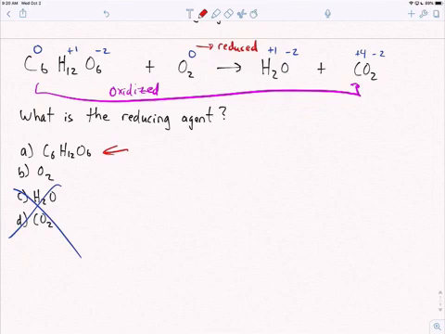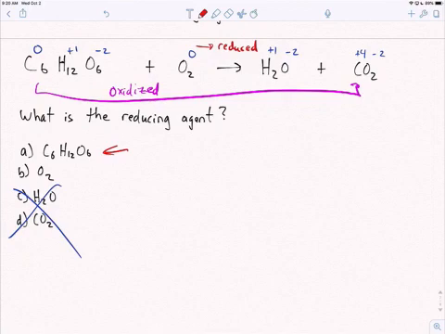So you would need another 6 oxygens there. That means that carbon is losing 24 electrons and the oxygen is gaining 6 times 4, 24. Each O2 is gaining 4 electrons.